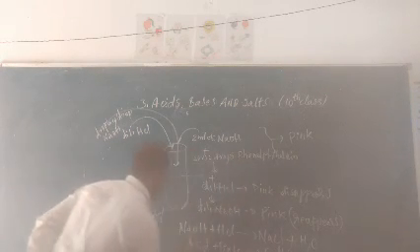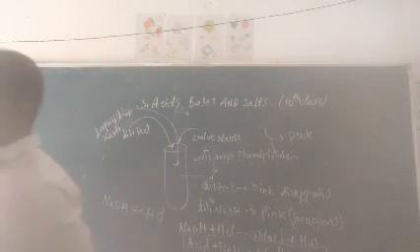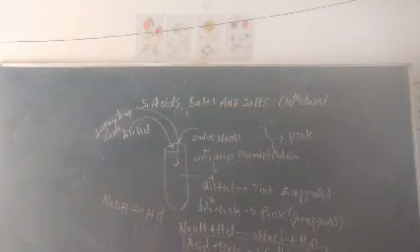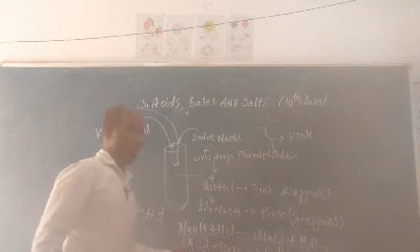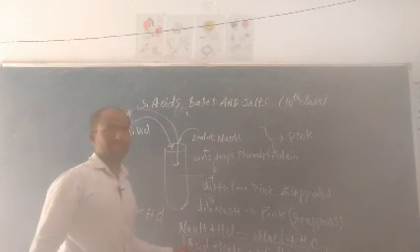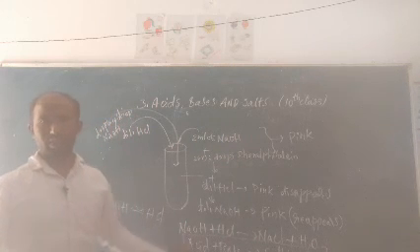This phenomenon is called a neutralization reaction. NaOH plus HCl gives NaCl and H2O. Acid plus base gives salt and water. The reaction is called a neutralization reaction. So it is the general formula: any acid and any base produce a salt and water. Okay, is it clear now?